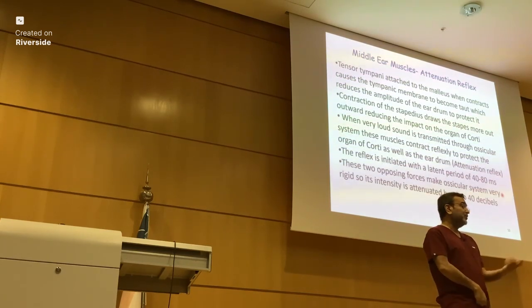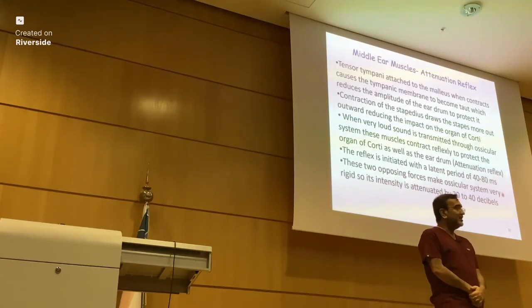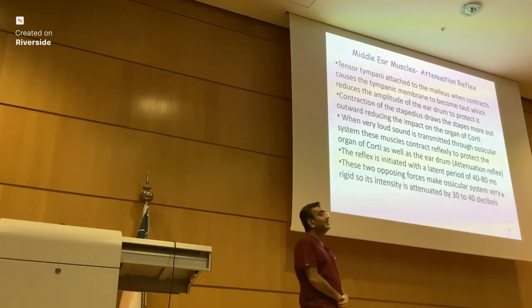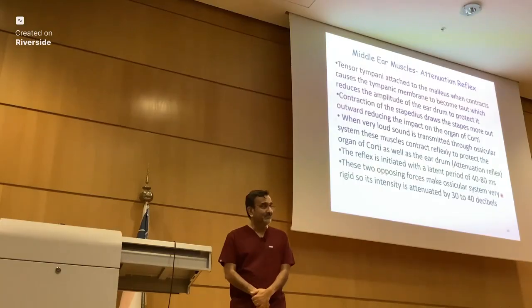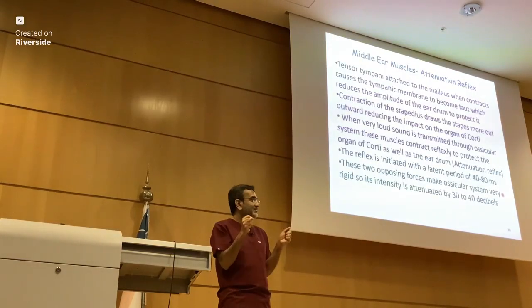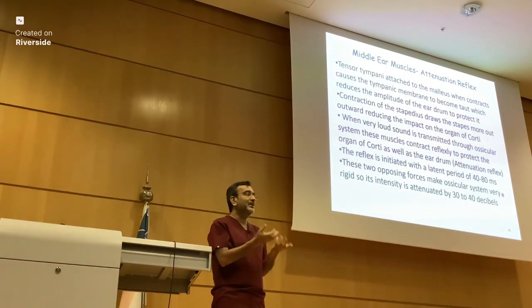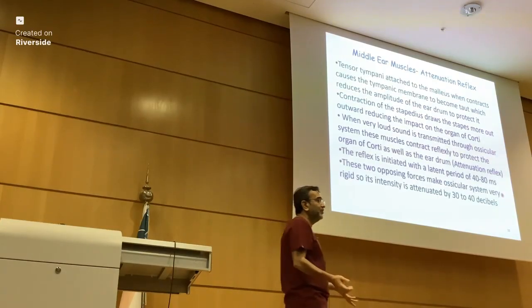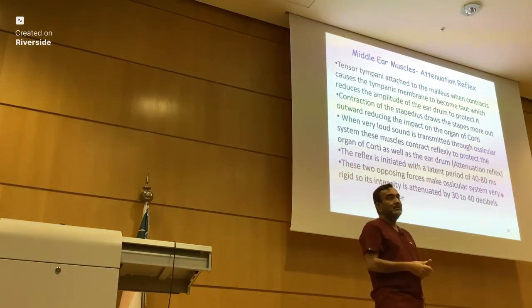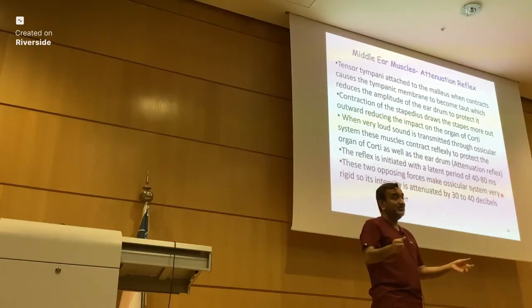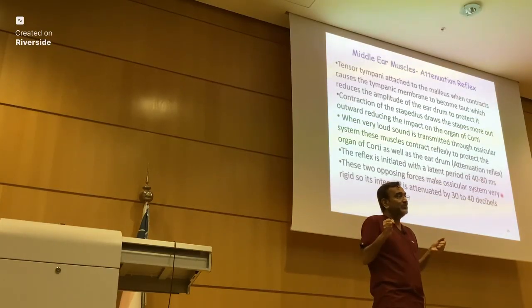The motor nucleus of trigeminal, through the mandibular nerve, is going to supply the tensor tympani muscle, which is going to pull the malleus inwards. And similarly, the facial nerve is going to supply the muscle called the stapedius muscle, which will pull the footplate of stapes out of the oval window.